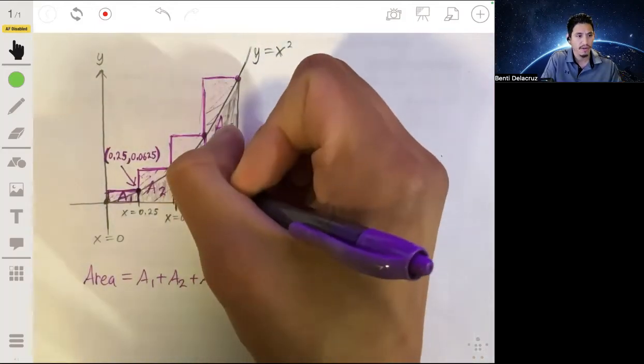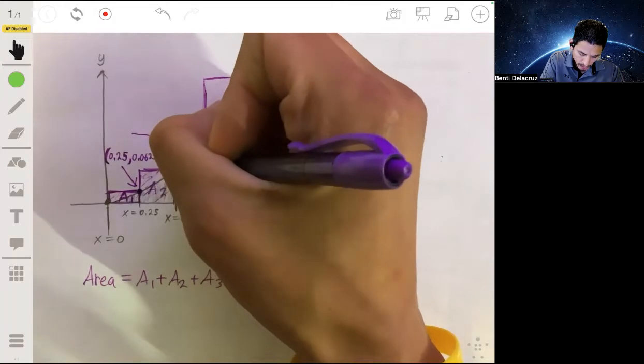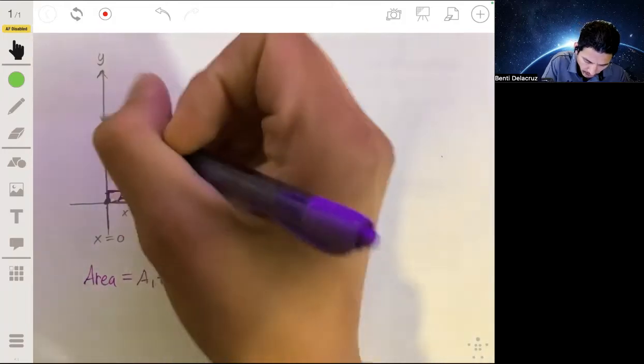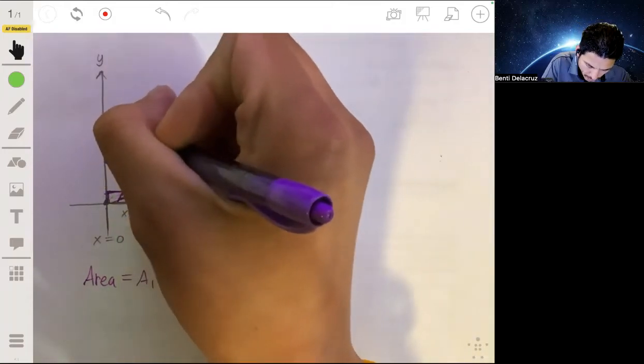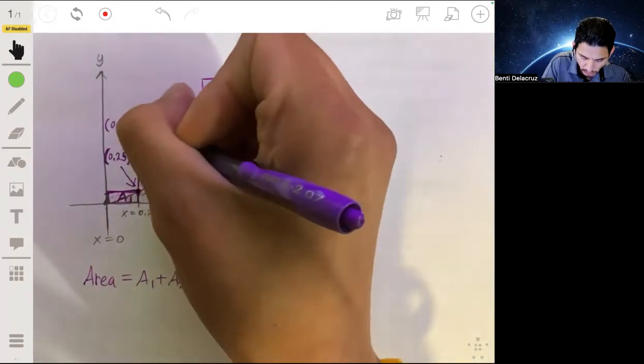For the second rectangle, the x-coordinate will be 0.5, where the y-coordinate will be 0.5 squared, or 0.25.